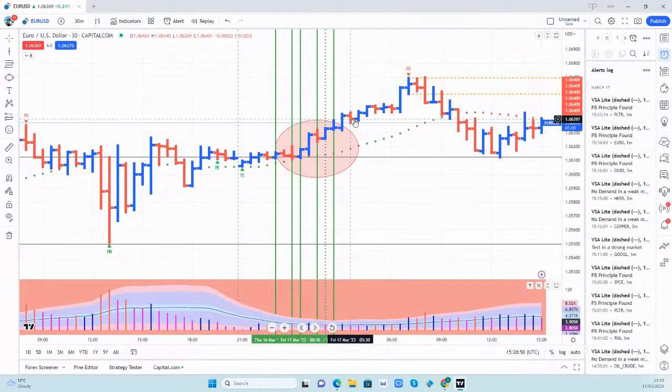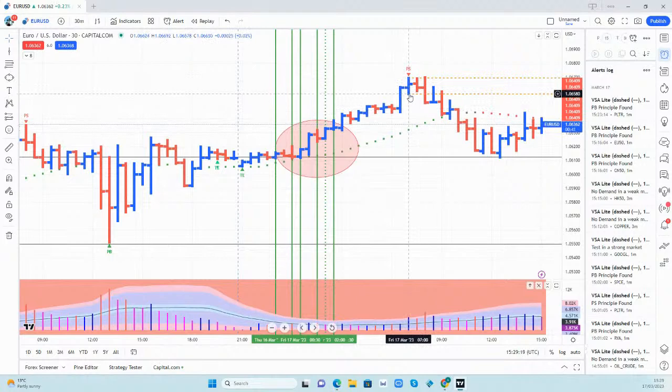It's come back down a little bit, then it's pushed up, pushed up. So this would have been a good trade for at least 2 hours, potentially longer if you wanted to stay. You could have gone right up to where that PS appeared. That's a 4.5 hour trade.